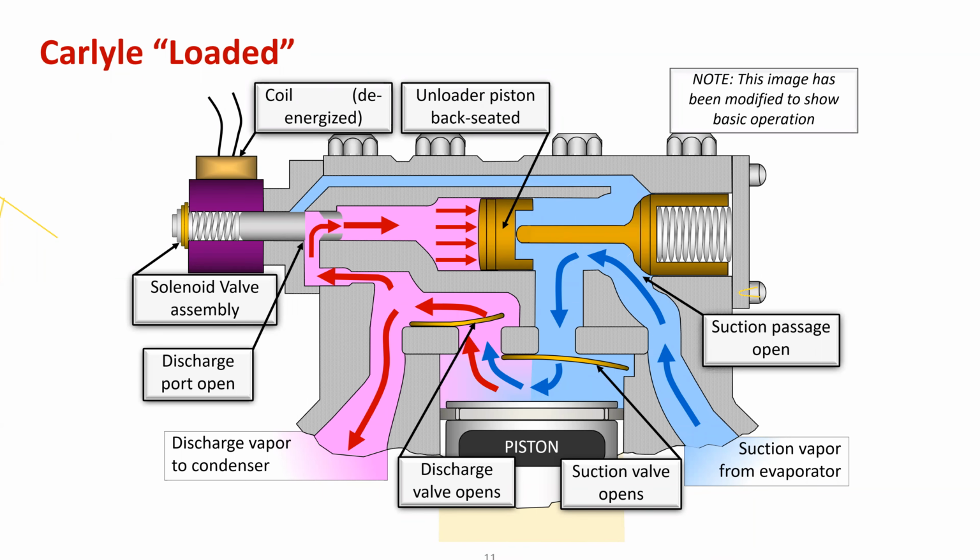And then the discharge pressure is used to hold the unloader piston out of the way, thus allowing suction gas to flow. So the discharge pressure on a Carlyle loads the unloader valve, if that makes sense. So if you see in this drawing, you'll see how the unloader piston up there in gold is actually pushed out of the way by the discharge pressure.